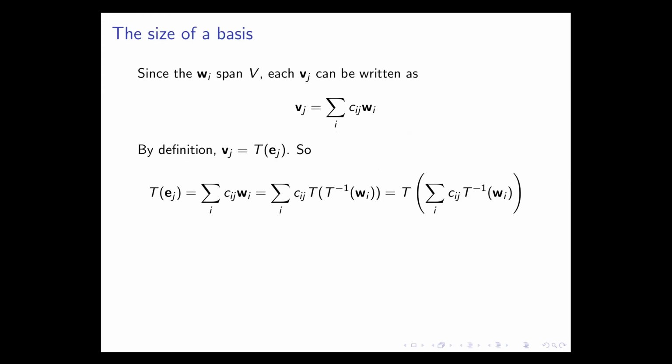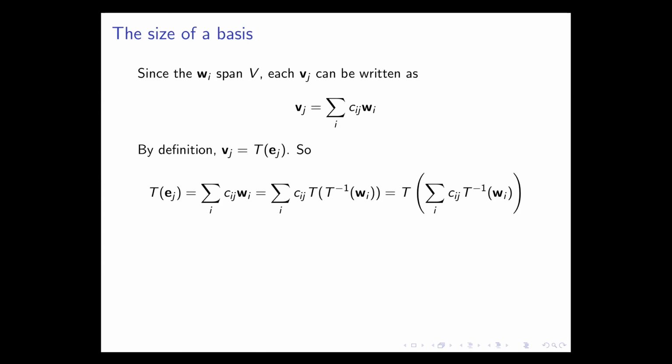Now, since the Wi's span V, each vector Vj can be written as a linear combination of the vectors Wi. So we have coefficients Cij with double index i and j, and the sum ranges over i. Now, remember that by definition, if you take the vector ej from the standard basis and apply the transformation, we get Vj.